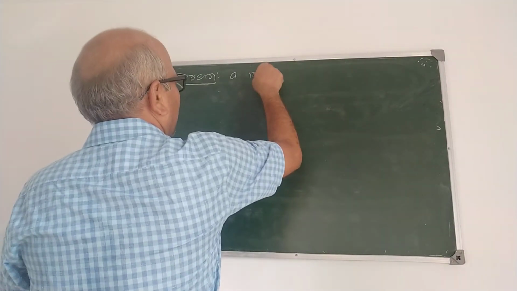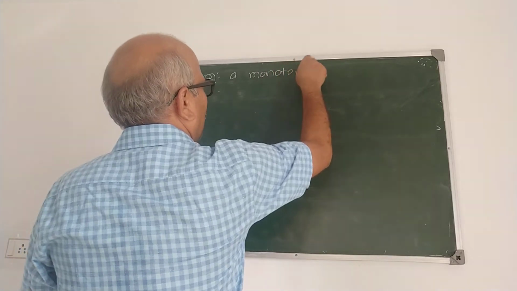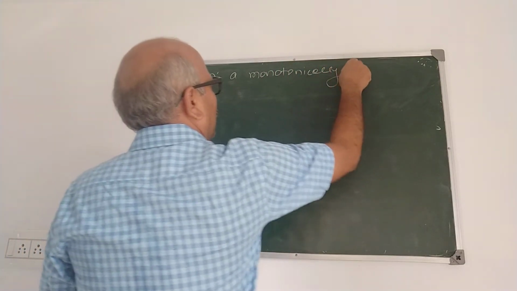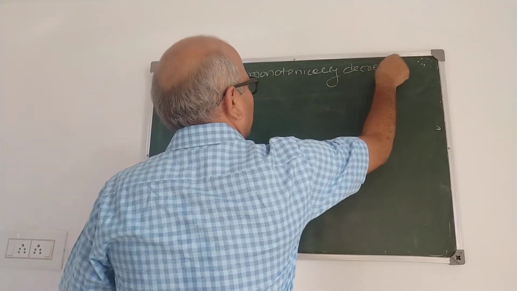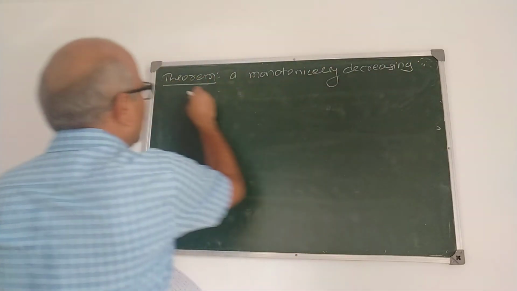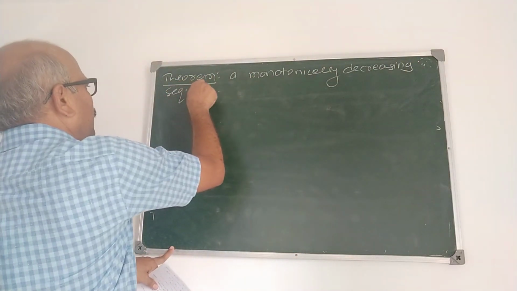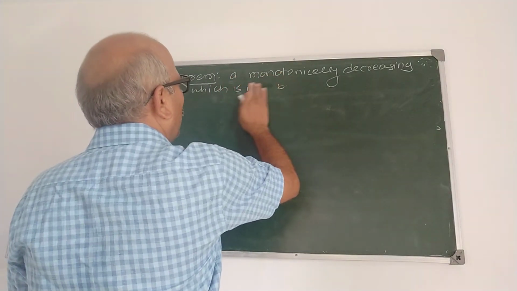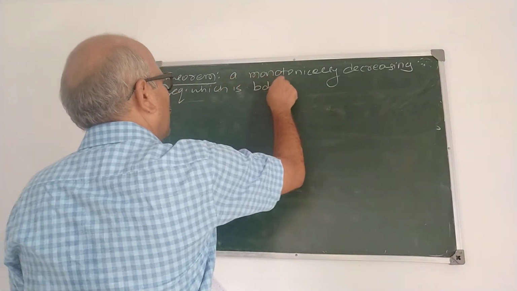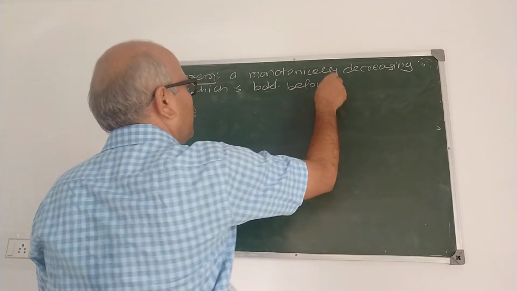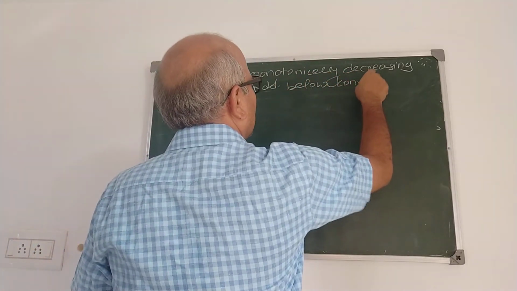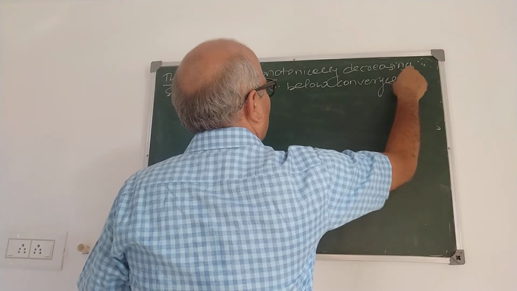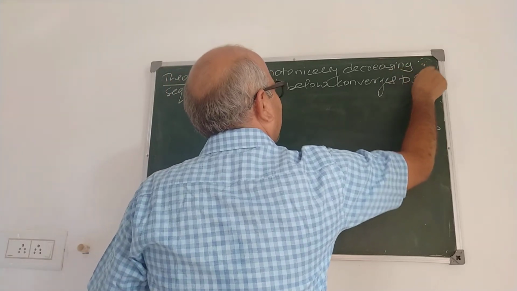A monotonically decreasing sequence which is bounded below converges to its greatest lower bound.